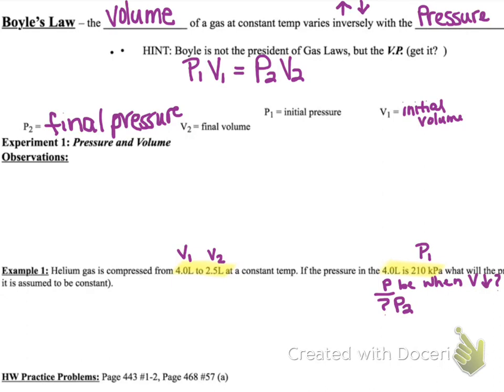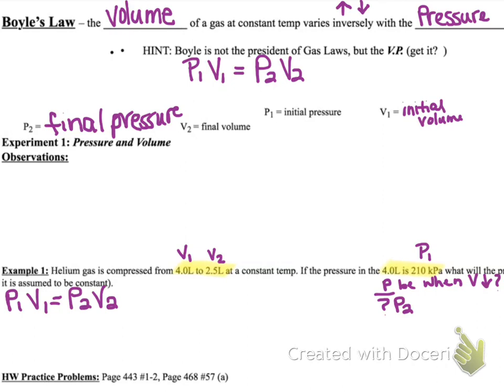All right, now you can totally just plug these into the formula and solve. I prefer to rearrange the formula so that I'm only putting numbers in once. But like I said, I'm totally okay with you doing this either way. So, P1 V1 equals P2 V2.